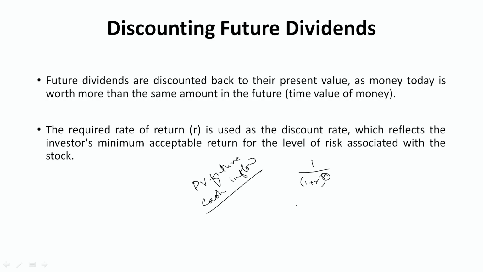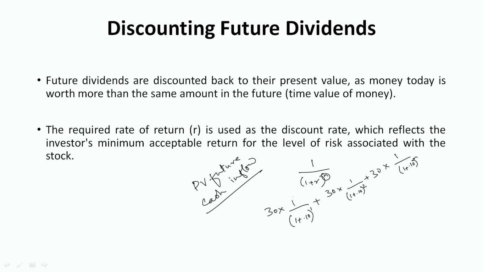So, suppose I want to calculate the value of say 30 rupees, which I would be generating: 30 into 1 upon (1 plus 0.10) after 1 year, at a normal rate of return which is there in the market as 10%, plus again I am earning 30 rupees at the end of the second year, which is 30 upon (1 plus 0.10) to the power 2, plus 30 at the end of the third year, like that for the nth year, upon (1 plus 0.10) to the power n.